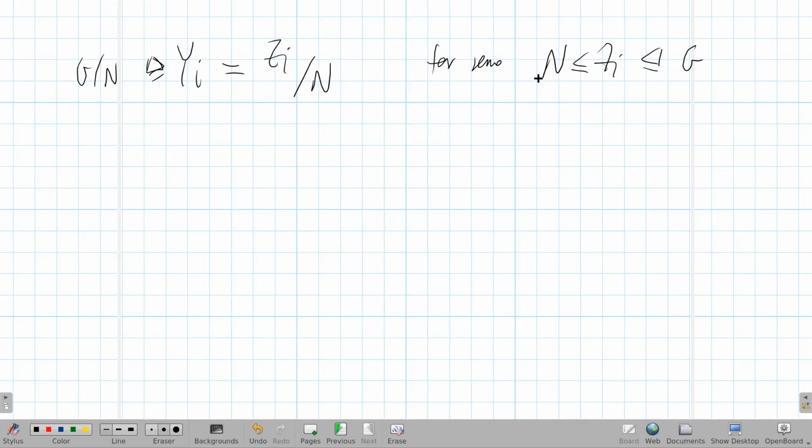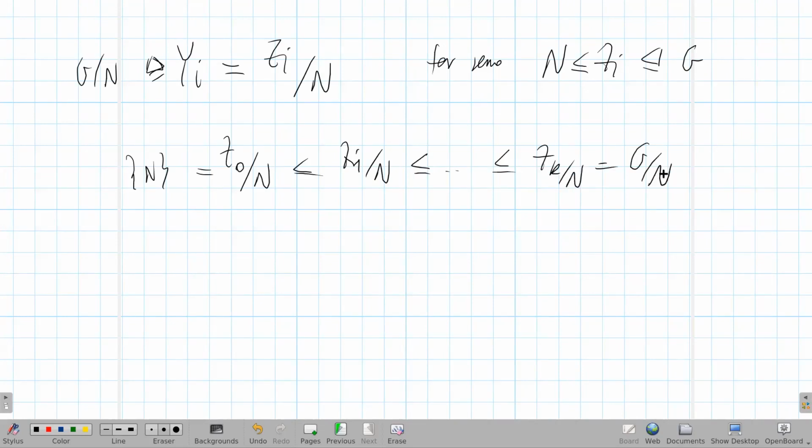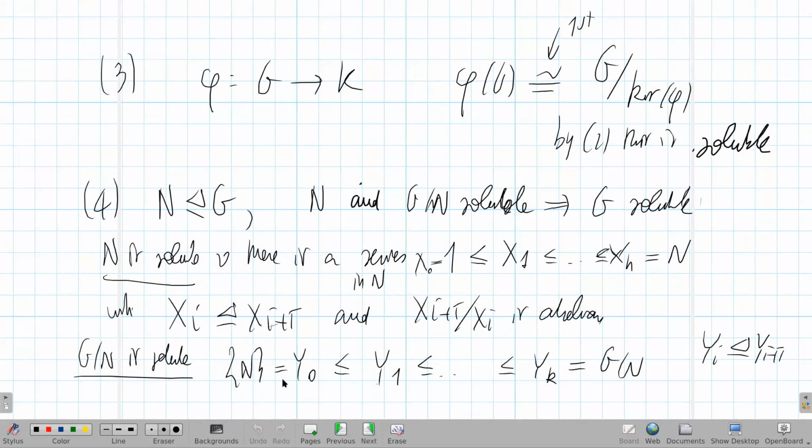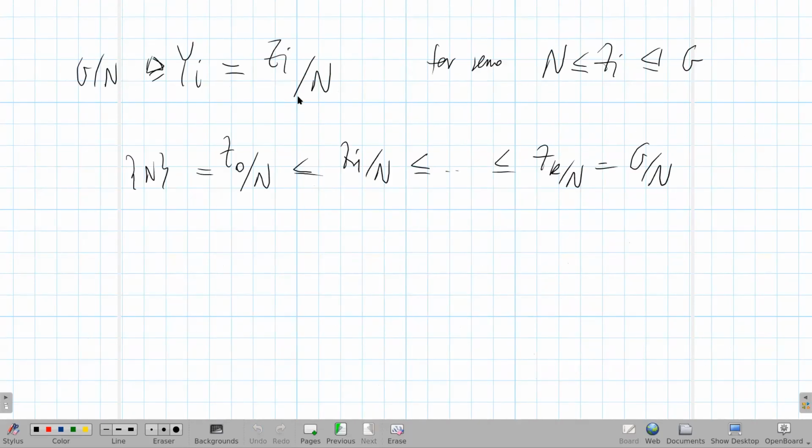So we have this thing. We start with this, and then we have Z1 over N, until Zk over N, which is just G over N. Because here I had the Yi, but each Yi is nothing else but this.